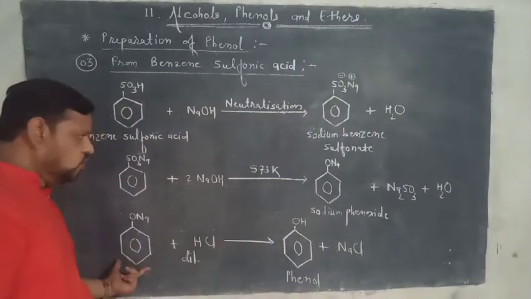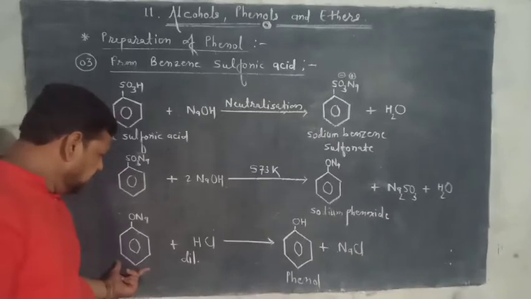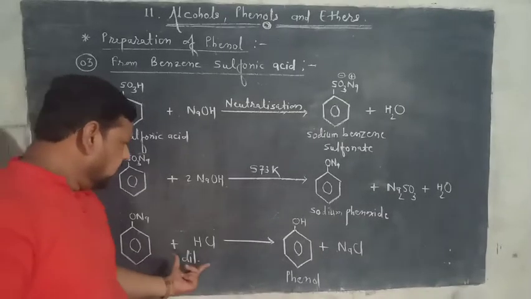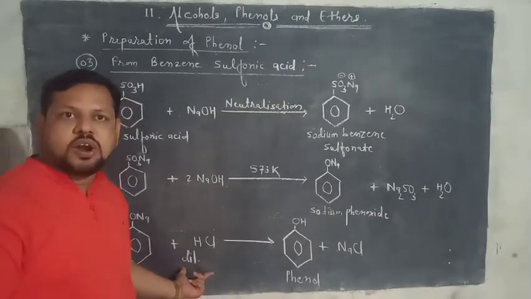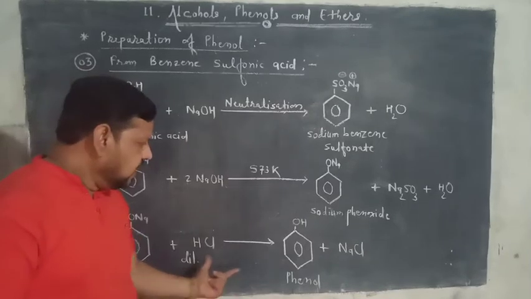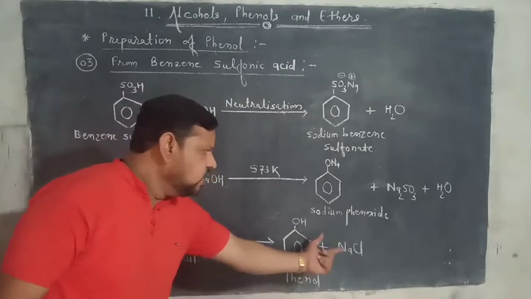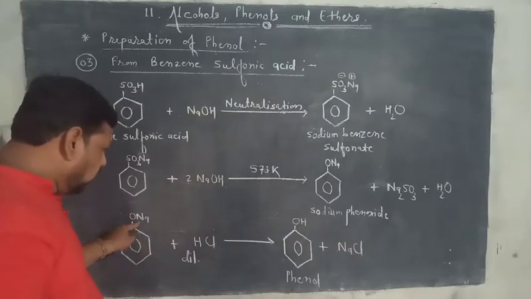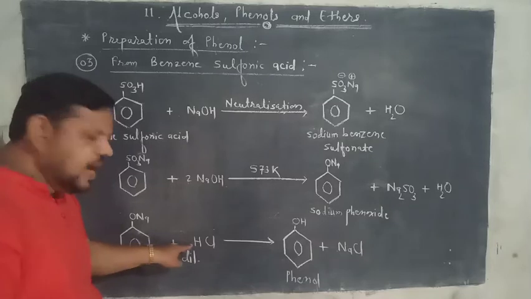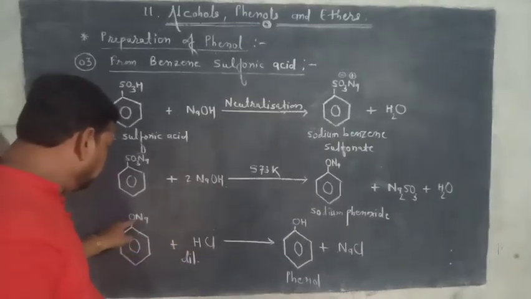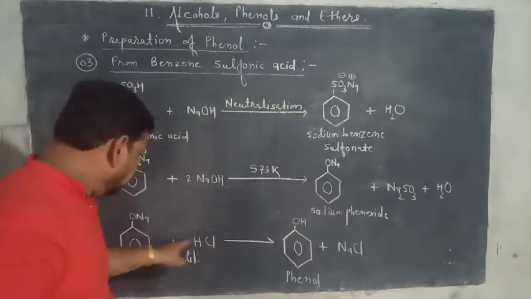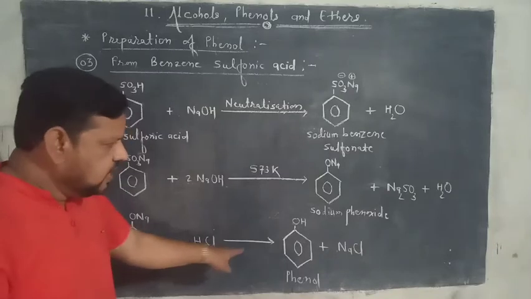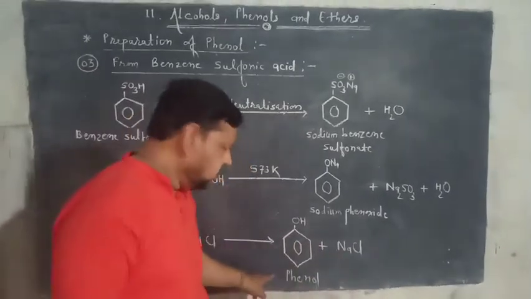Then this sodium phenoxide is decomposed by dilute HCl or dilute H2SO4, and gives phenol and NaCl. From this ONa, this Na is replaced by hydrogen and it gives the OH. And this Na reacts with Cl, it gives NaCl.